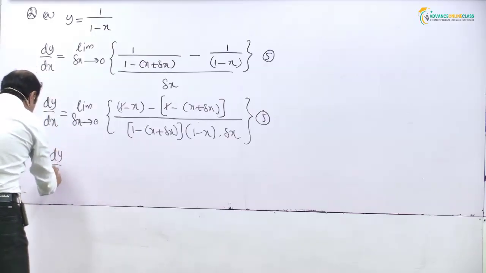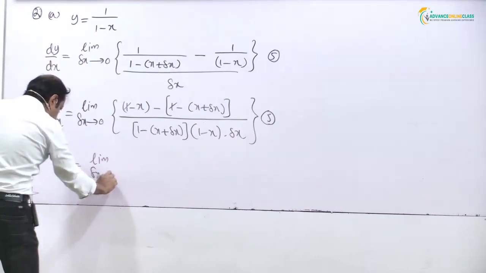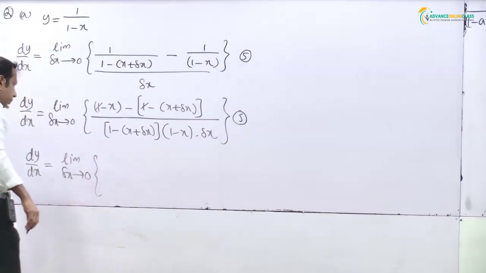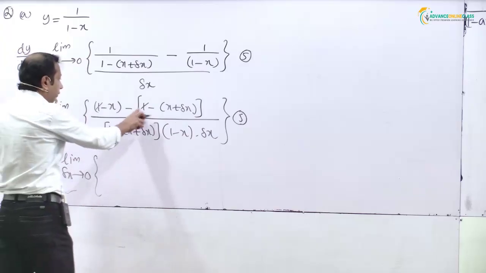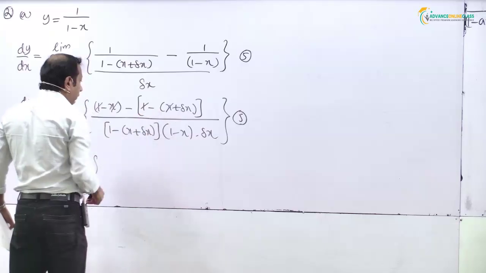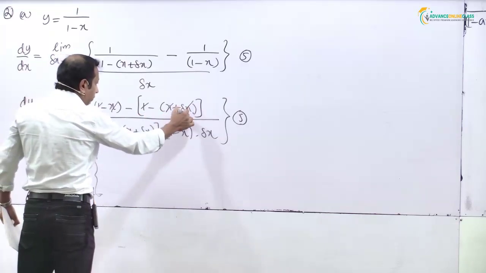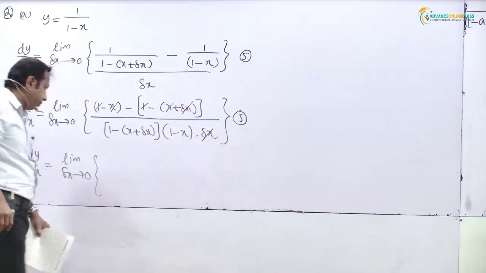Now dy by dx, limit delta x going to 0. Here minus x plus x, that 2 we can cancel down. Then we get minus plus delta x. That plus delta x we can cancel down with this.